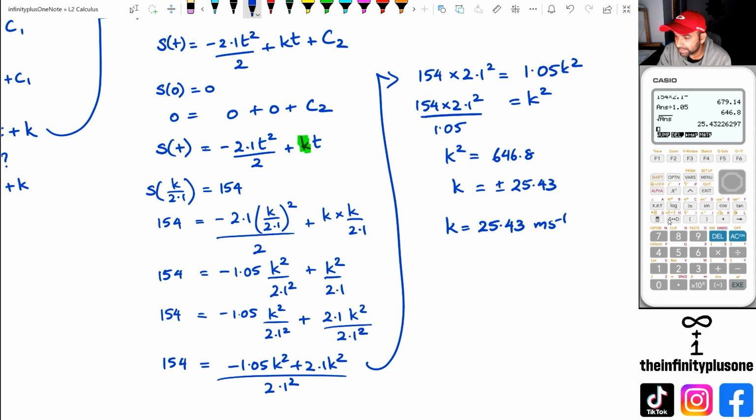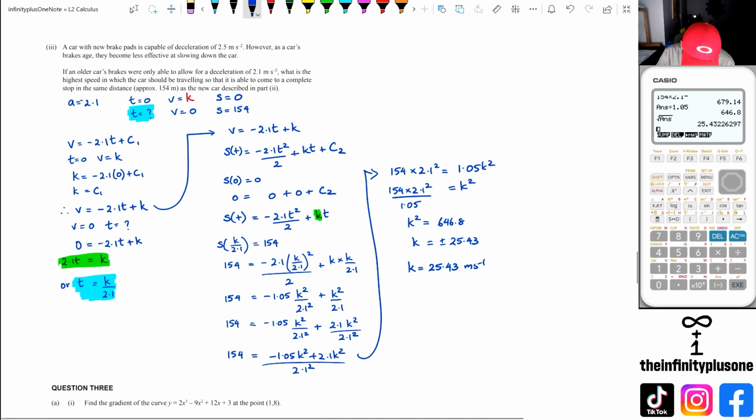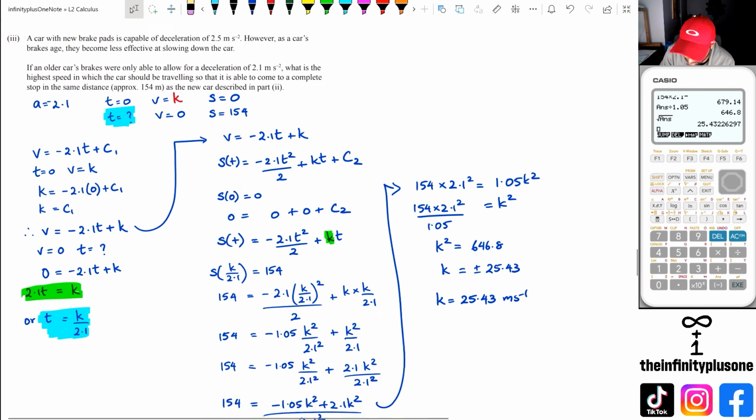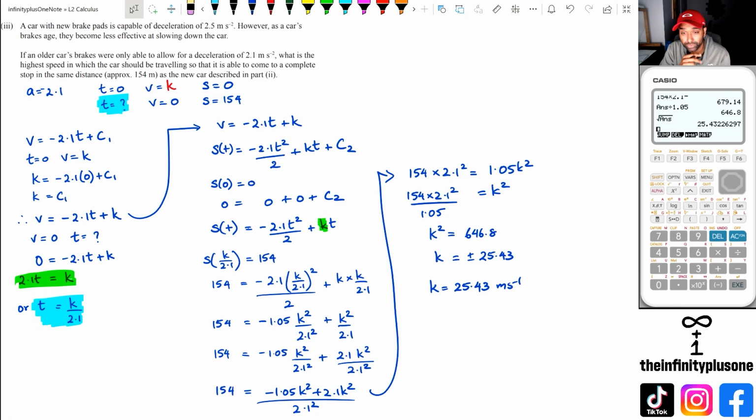So the car needs to be traveling at 25.43, but does it? What's the highest speed the car should be traveling? Yeah, so the car should be traveling at 25.43 to come to a stop at 154 meters at a deceleration of 2.1.